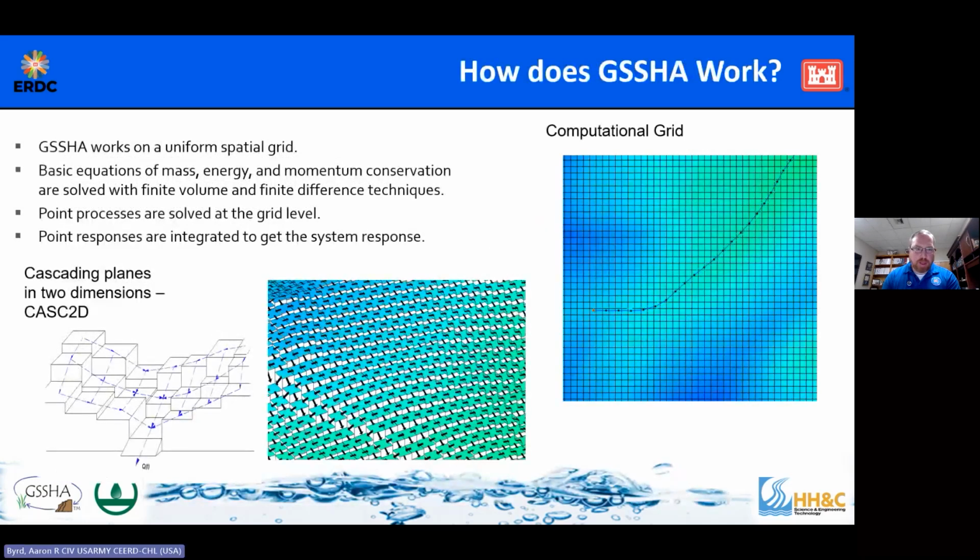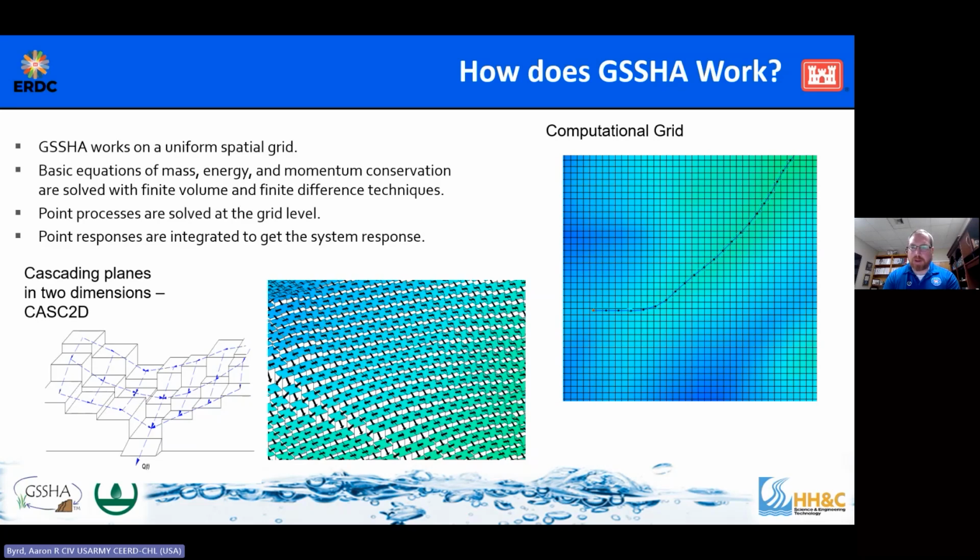So GSSHA, as you saw with Chris's walkthrough, is built on a grid, and this grid is the foundational spatial dimension for what happens inside GSSHA. As you saw, you can pick that size. Chris picked 90 meters. Sometimes 90 meters is the right size, sometimes 5 meters, sometimes 250 meters, right?